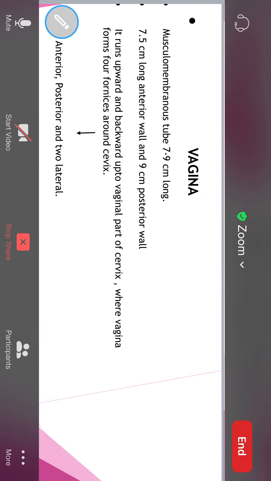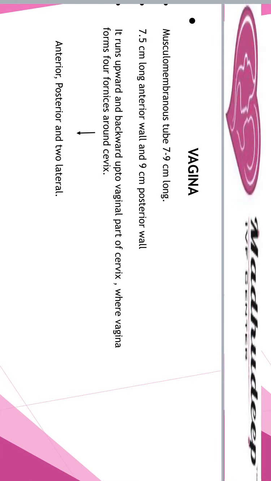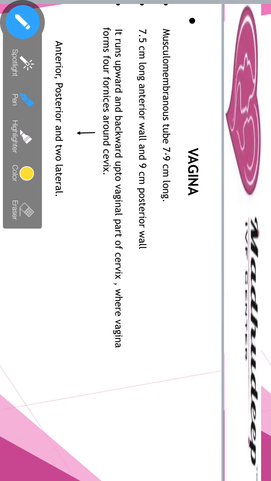Then the vagina. It is a musculomembranous tube 7 to 9 centimeter long, 7.5 centimeter anteriorly and 9 centimeter on the posterior wall. It runs upwards and backwards up to the vaginal part of the cervix, where the vagina forms fornices around the cervix: anterior, posterior and two lateral. What are fornices?